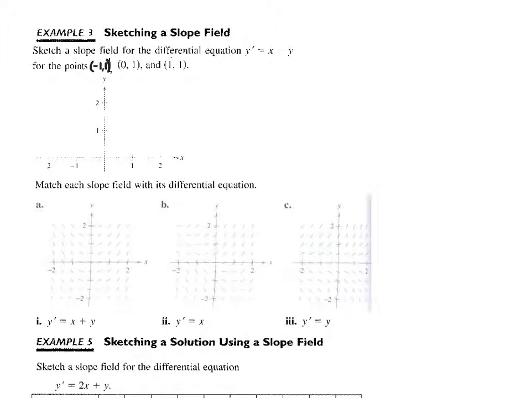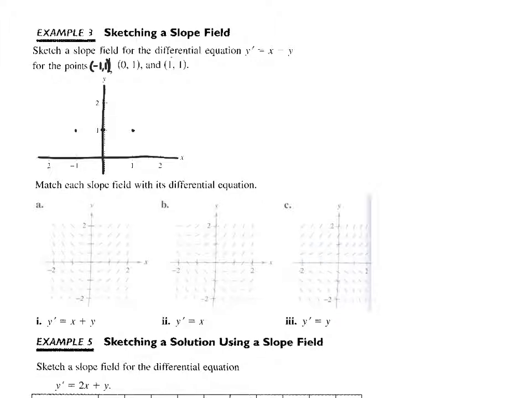Okay, so here's our x-axis. It's a little faint there. There's our y-axis. First of all, I'm going to plot each of these points. Negative 1, 1, 0, 1, and 1, 1. Okay?